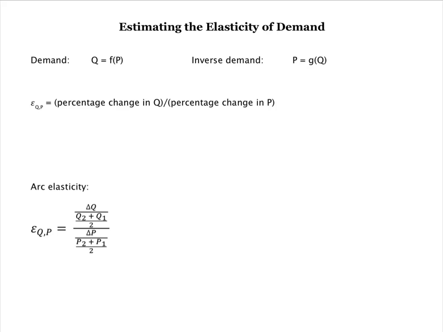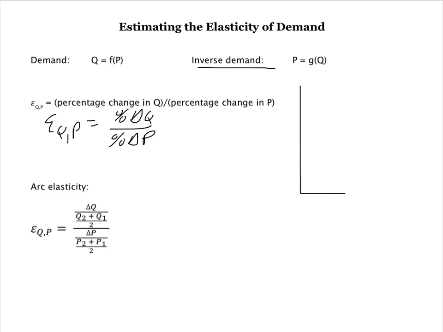Instead of relying on the slope of the curve, we use the price elasticity of demand: the percentage change in Q resulting from a 1% change in P. Of course, since the time of Alfred Marshall at the end of the 19th century, the convention has been to draw the inverse demand curve relating P to Q.